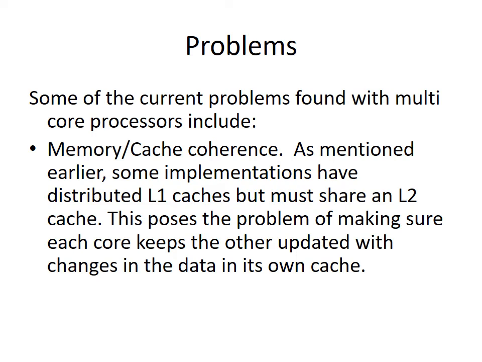Some of the current problems found with multi-core processors are memory or cache coherence. As mentioned earlier, some implementations have distributed L1 caches but must share an L2 cache. This poses the problem of making sure each core keeps the other updated with changes in the data in its own cache.